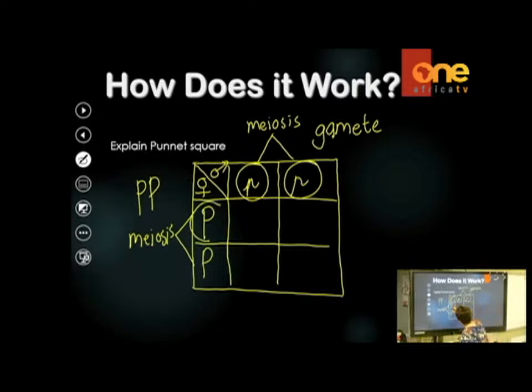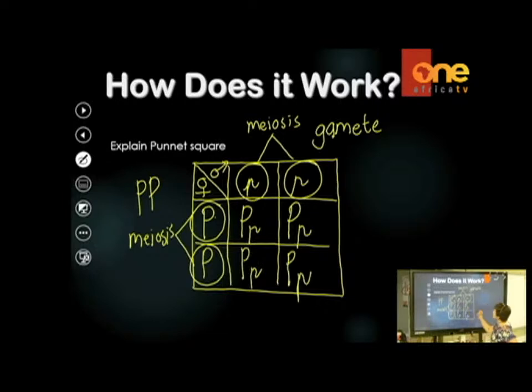And because it is gametes, I have to circle them. Now, if this gamete and this gamete fertilize, that is the possible offspring. There, and there.